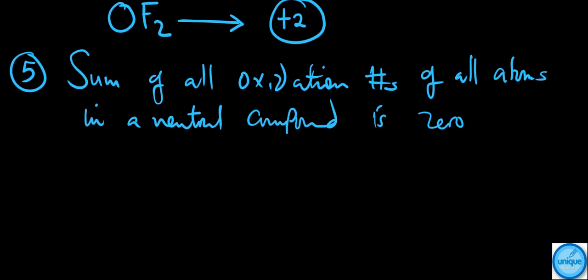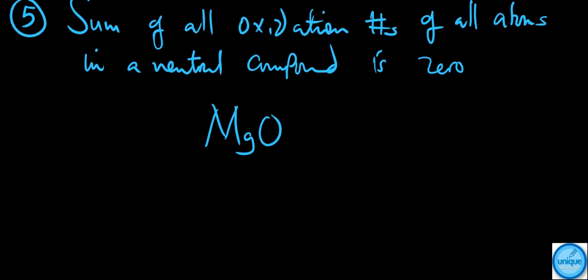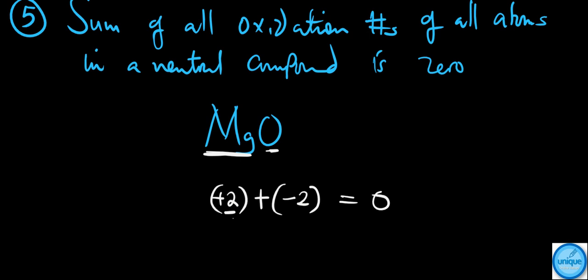Examples. Think of magnesium oxide. This one is a neutral compound. If we add all the oxidation numbers in this compound, the answer is 0. For example, magnesium has oxidation number +2. There is one magnesium, that's why I just put +2; if there were two, it would be +2 times 2. Oxygen is one and its oxidation number is -2. So if you add these, the answer gives 0. This means that with any neutral compound, you say its oxidation number sum is 0, like the one I wrote, CH3COOH.